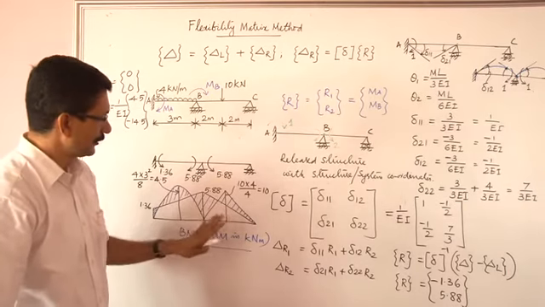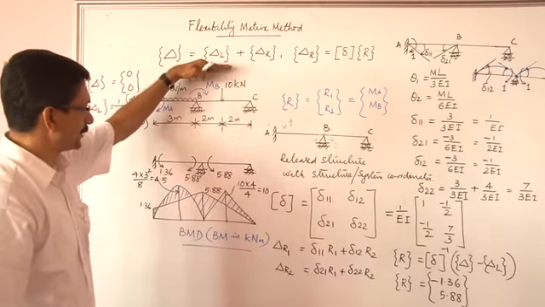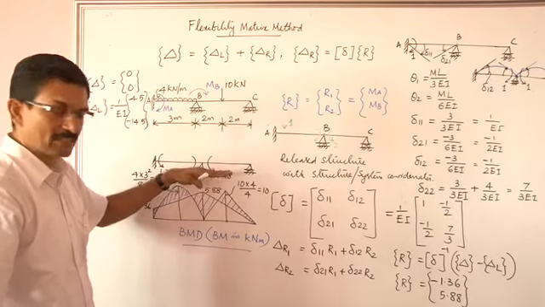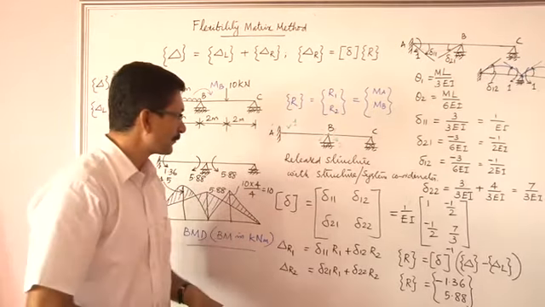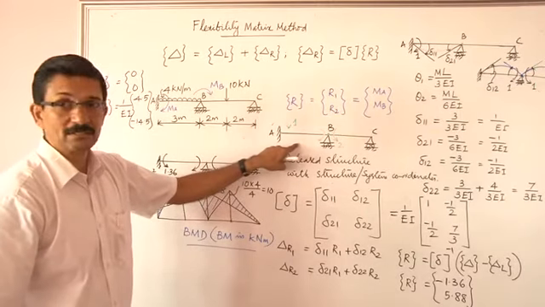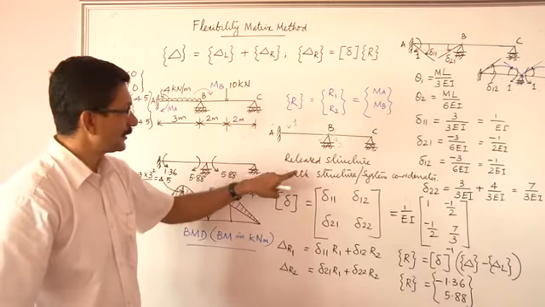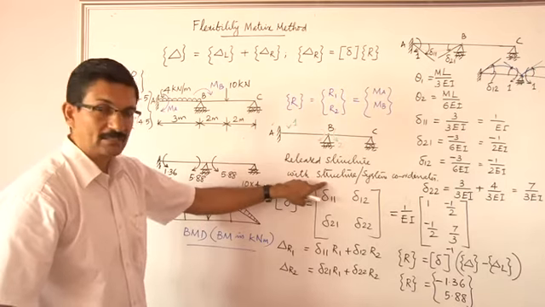So essentially we have solved the compatibility condition to arrive at the bending moments as well as to draw the bending moment diagram. In due course, we have assumed a coordinate system. That is the most important thing over here. That is the structure coordinates.